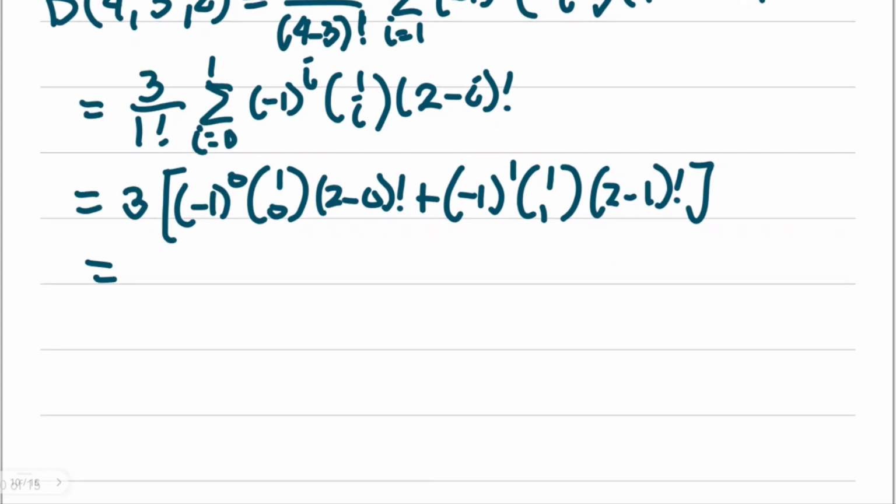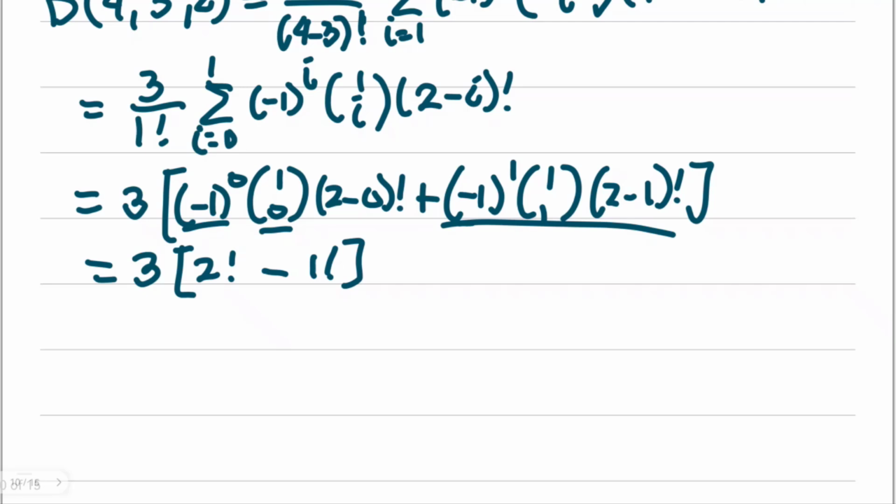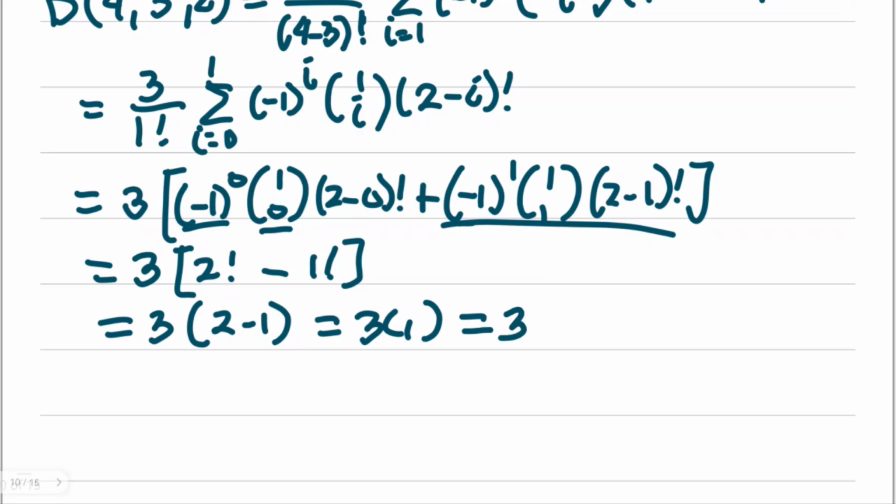So we can see here, this is just 3 times, that's 1, this is also 1, that's 2 factorial, my bad, minus, you have here 1 factorial. This is actually 3 times 2 minus 1, 3 times 1, only have 3 permutations with 2 fixed points for this situation.